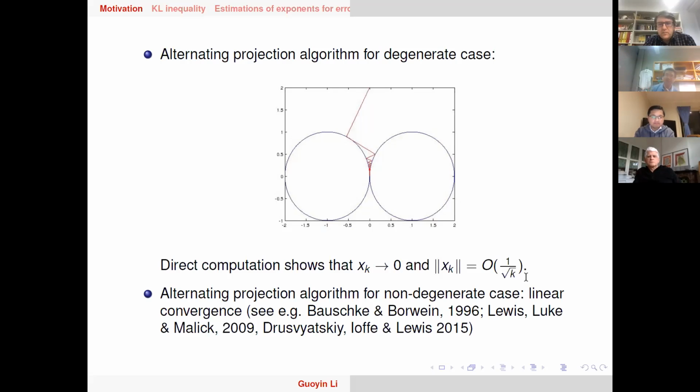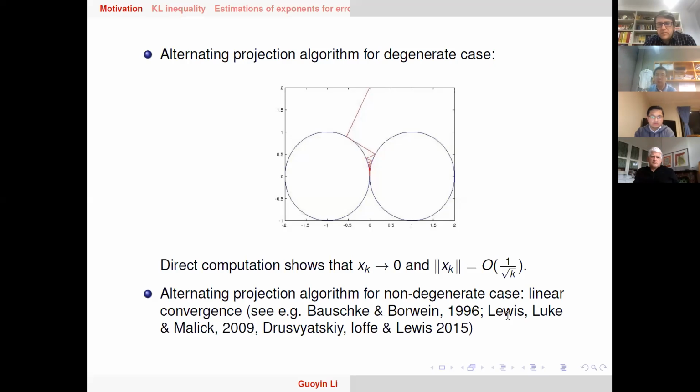On the other hand, if you look at the non-degenerate case, which means, for example, that the intersection has an interior, then by a classical result, which you can find in Bauschke and Borwein's nice review article, you would have linear convergence. This has been pushed forward to the non-convex case as well, and also by Drusvyatskiy, Ioffe, and Lewis later on as well.